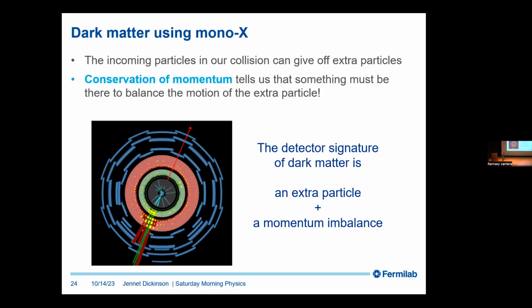And so there are examples when we have, for example, the decay of a W boson. A W boson can decay to an electron and a neutrino. Then what we can do is we can look at our electron, we can look at our missing momentum, and we can reconstruct the mass of that. If we get the mass of a W boson, then we can say, aha, there was a neutrino there from the decay of a W. So there are a lot of examples where we use this missing momentum.